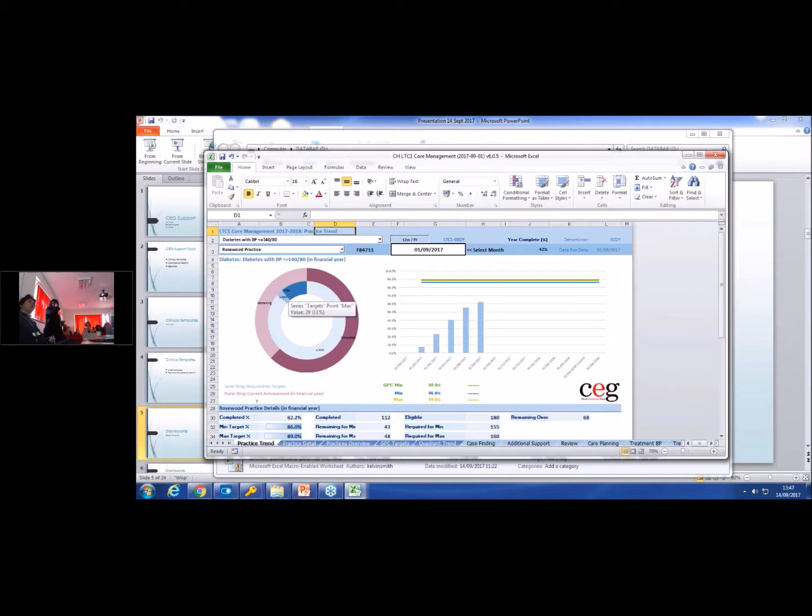For this particular practice, you can see they have already achieved about 2/3 of the diabetes BP target, under 140 over 80. The trend chart next to it shows the progress throughout the year. So you should be aiming to increase your bar size so you achieve your minimum and maximum targets by the end of the year.